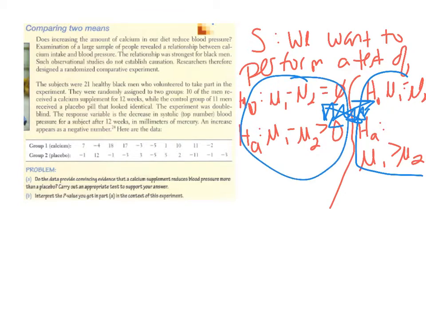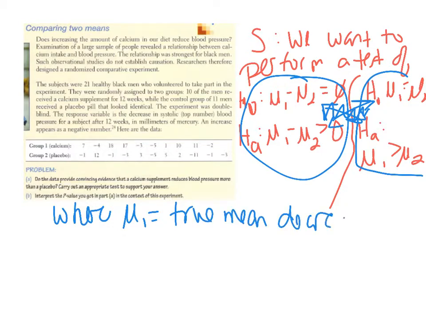Okay, and then we need to define all of this. So these are my hypotheses where mu1 is the true mean decrease in systolic blood pressure. And this is a lot of context because this is an experiment, so you can only apply it to this particular group of people.